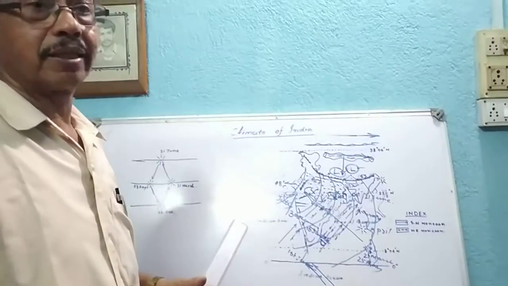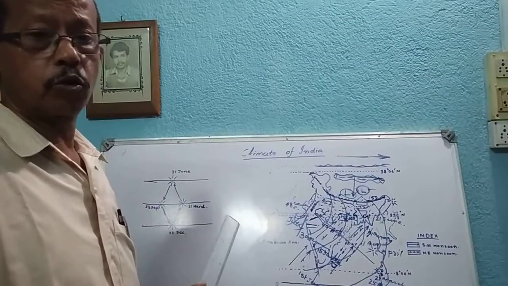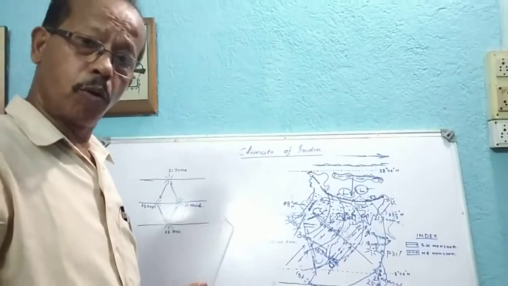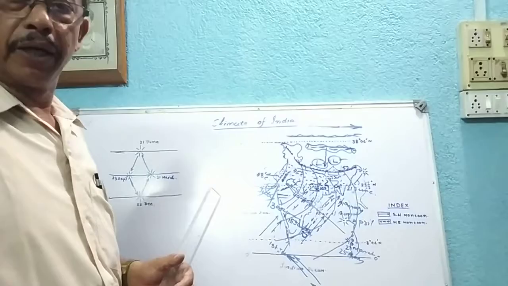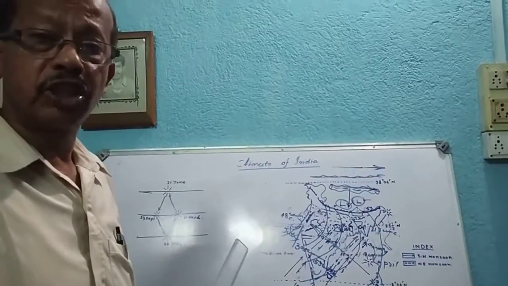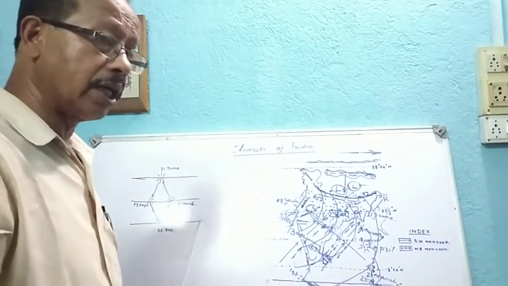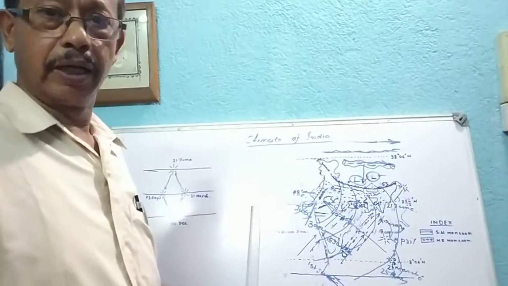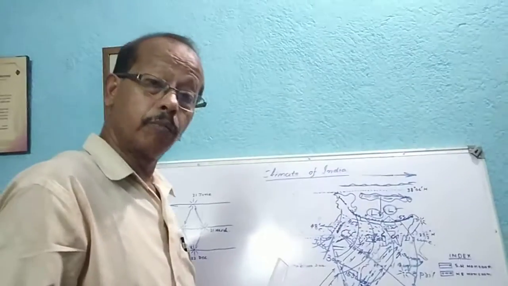As it blows from the northwestern part, it is called nor'wester, or in Bengali it is called Kal Boishakhi, as it blows in the month of Boishakh in the Bengali calendar.